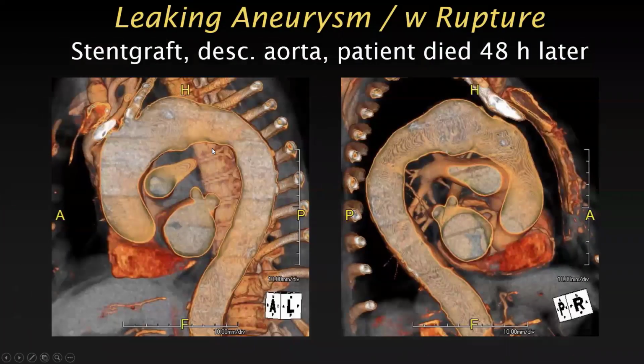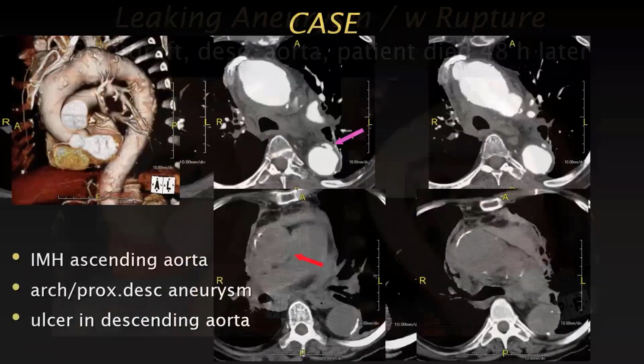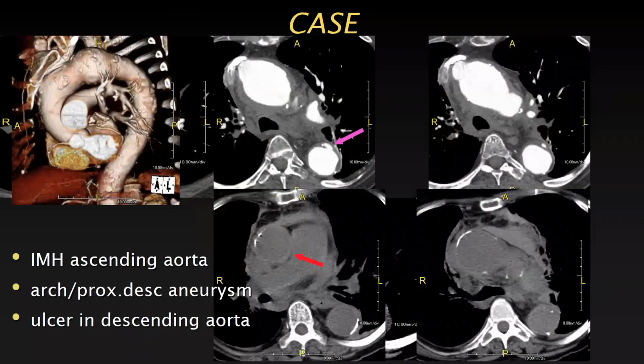Okay, so here we have some 3D pictures of the same thing. The reason why you want to know what the culprit lesion is, because you want to decide how to treat it. Let's say if the intramural hematoma in the ascending aorta is a culprit lesion, the patient should undergo sternotomy and ascending aortic repair.